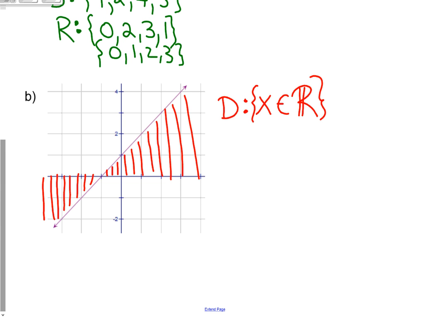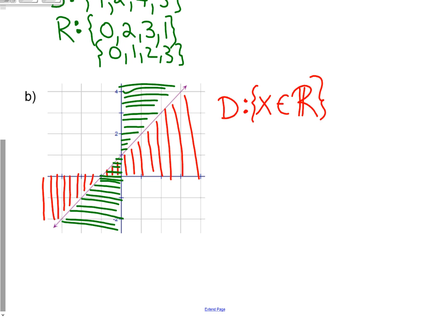Whenever you have a linear line, we can input any x value we want into that line. We would get a y value out. Same thing if we started shading towards our y-axis. If you notice this y-axis, I'll do this in green. We can easily see that we are going to cover everything here on our y-axis, which means we can have infinitely many outputs. There's no restriction to our outputs. So I'm going to say my range then is that y can also be any number.